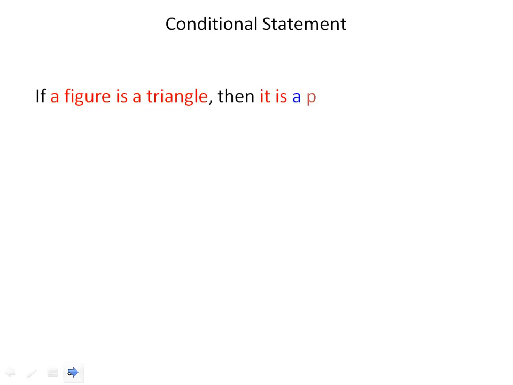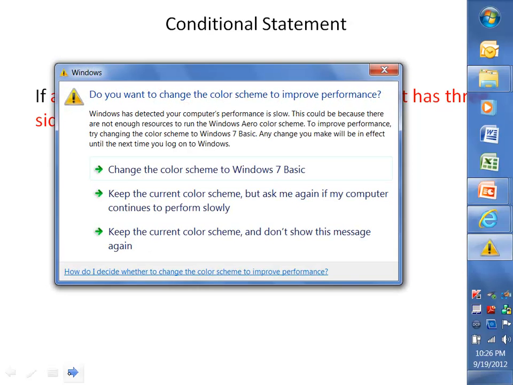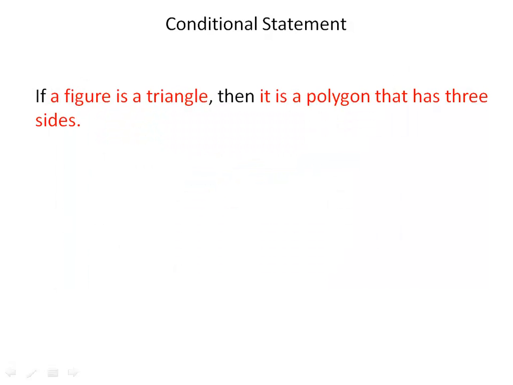Here's a conditional statement. If a figure is a triangle, then it is a polygon that has 3 sides. And we would say that's true, yes. Now where's the hypothesis?